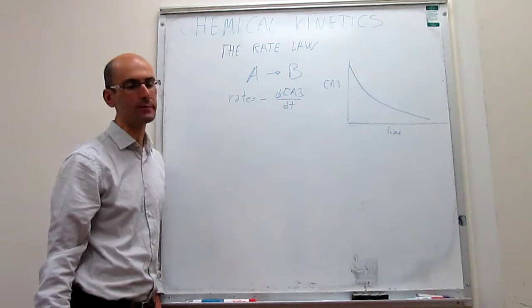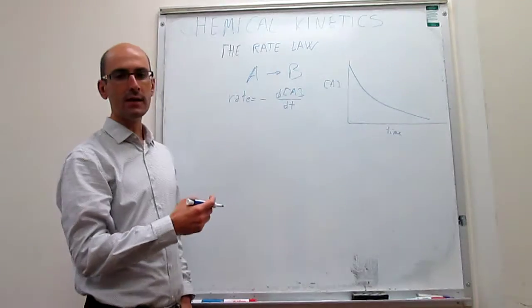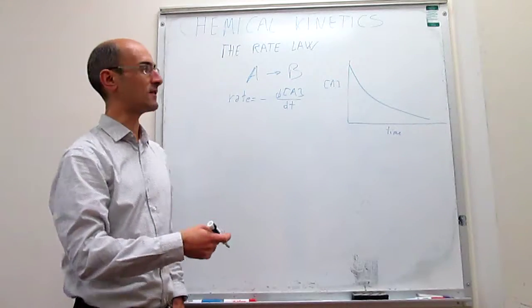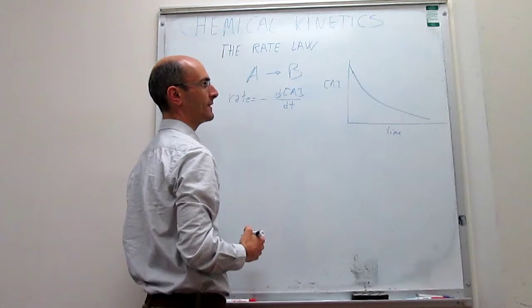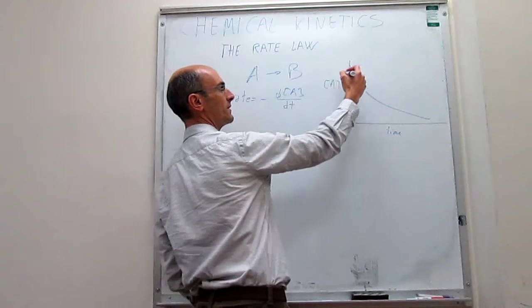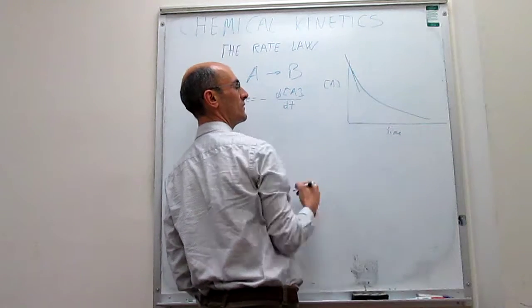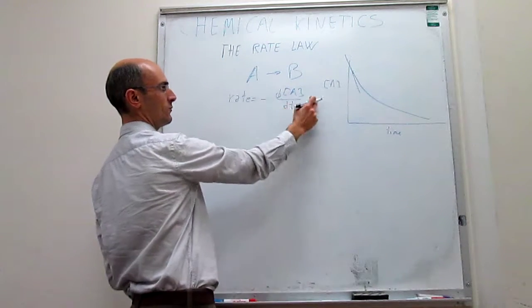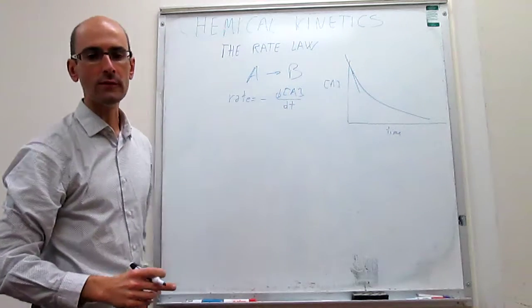That's how A disappears as a function of time. The rate does change as a function of time. And notice that if we were to calculate the rate at that particular point, we would simply need to measure the slope of the tangent line to the curve at that point, and that slope would be exactly this quantity, change the sign, and that will give you the rate.